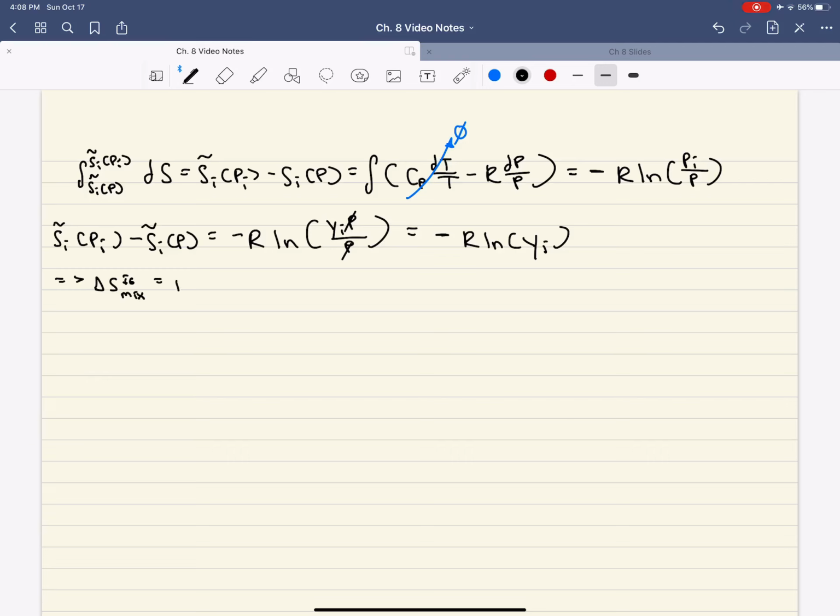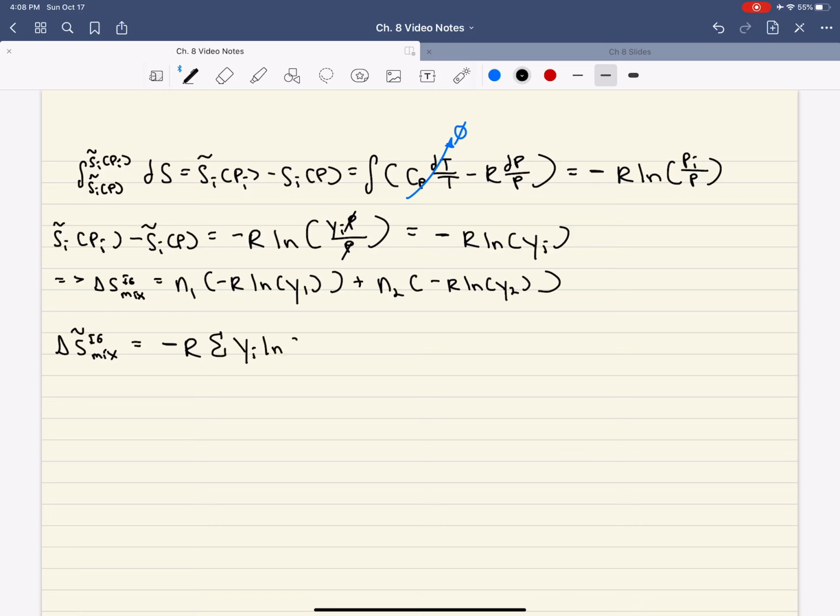So we have n1 negative R ln of y1 plus n2 negative R ln of y2. If I factor out a total n from here, we could turn these into mole fractions as well. And then if I divide by n, what I would have is delta S Ig mix molar is equal to negative R times the summation of yi ln of yi. So this is just the general formula.